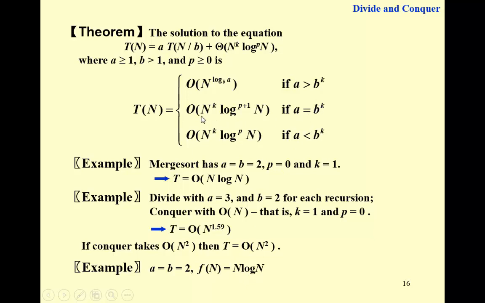And therefore, what we get is this conclusion: big O of n to the power k, so k is 1, so it's n times log n to the power p plus 1. So log n squared. So the final conclusion is going to be n times log n squared.